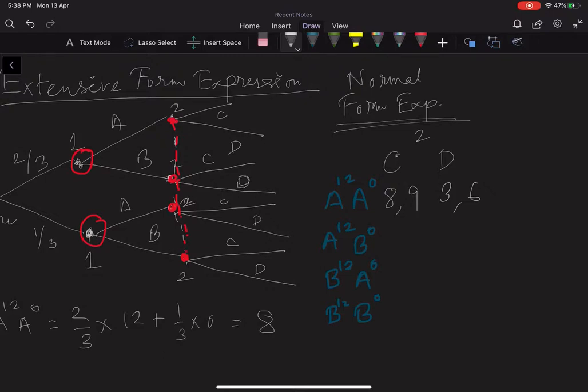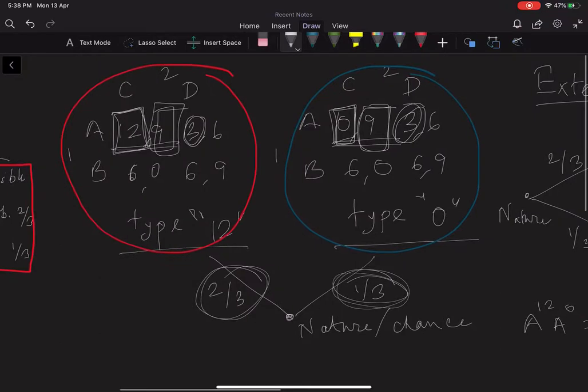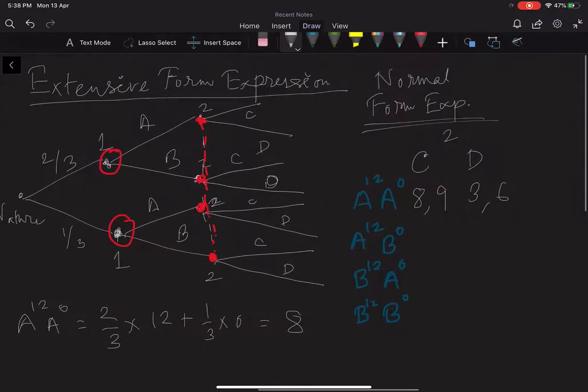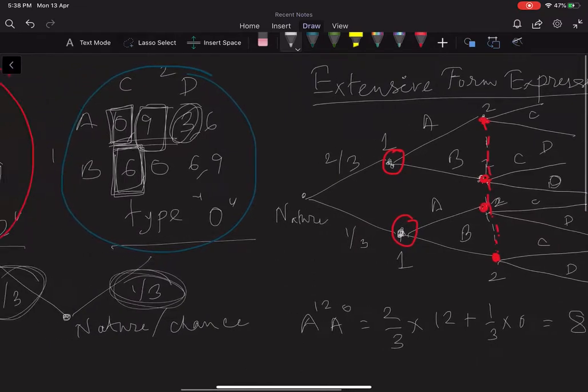What if it's A12 B0, meaning player 1 chooses A here, so player 1 gets 12, and on the right player 1 chooses B and player 2 chooses C, so player 1 gets 6. So 2/3 of 12 plus 1/3 of 6, if you calculate you will get 10. And what about player 2?